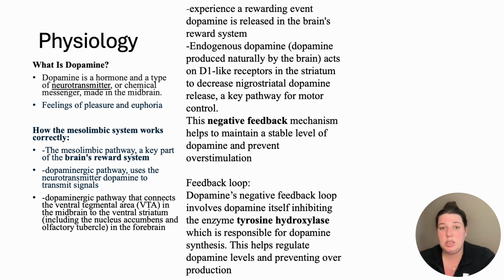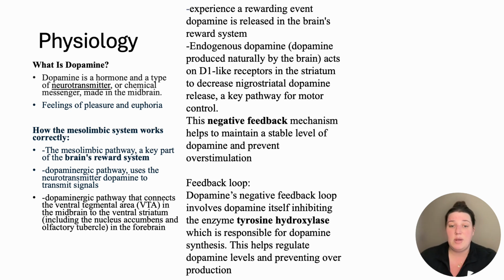The endogenous dopamine, which is naturally produced in our body, acts on D1-like receptors in the striatum to decrease nigrostriatal dopamine release, which is a key pathway for motor control. This is a negative feedback loop because it helps maintain a stable level of dopamine and prevent overstimulation.